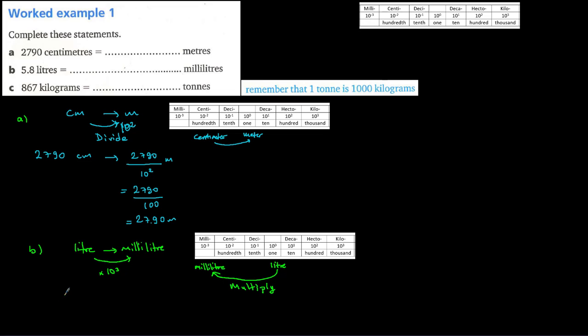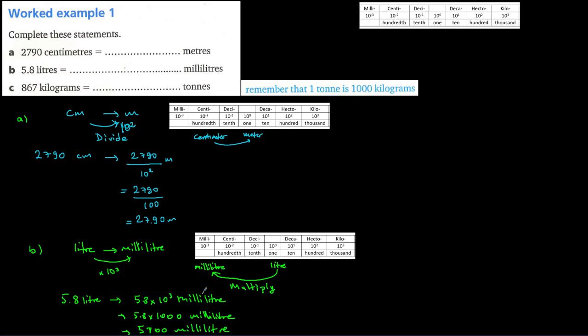It's going to be 5.8 liter, 5.8 times 10 to the power of 3 milliliter, which is 5.8 times 1000 milliliter, and the last one is going to be equal to 5,800 milliliter.